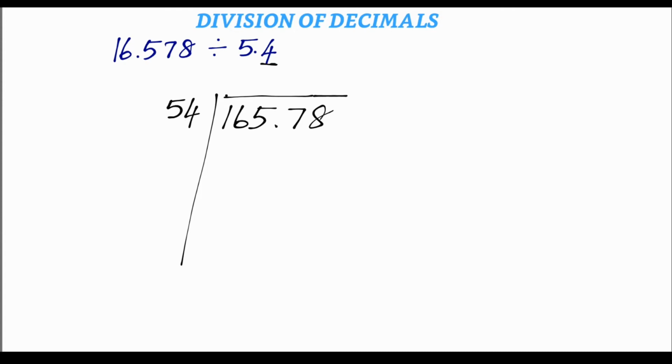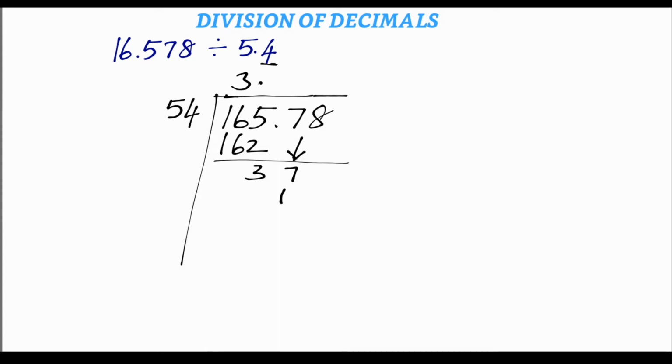Okay. And now what am I going to do? I'm going to perform the division. 54 3's will be 162. The remaining is 3. I'm going to take the 7 down. Whenever you take the tenths place down, you have to put one decimal point in the quotient. So 37, and it won't be divisible, right?